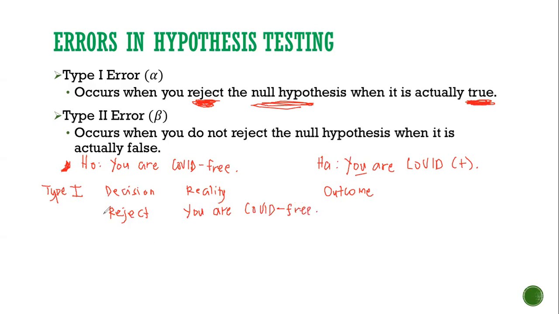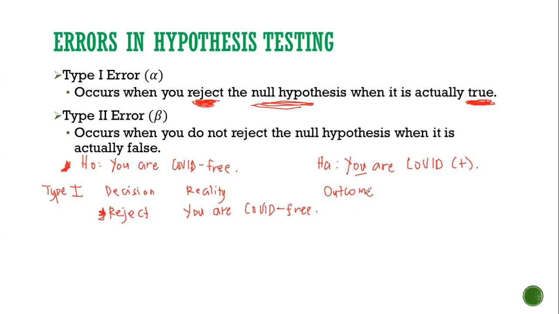Ngunit, anong ginawa mo? Anong decision ang ginawa mo? Nireject mo ito, yung reality. Nireject mo na COVID-free. Anong sinabi mo sa patient? Ay, you are COVID positive pala. Instead of saying the true value, which is wala siyang COVID, nireject mo yung reality na wala talaga siyang COVID. Ang sinabi mo ay, you are COVID positive, unfortunately.